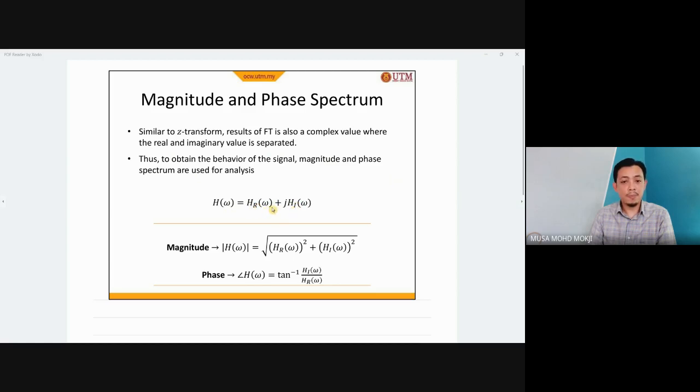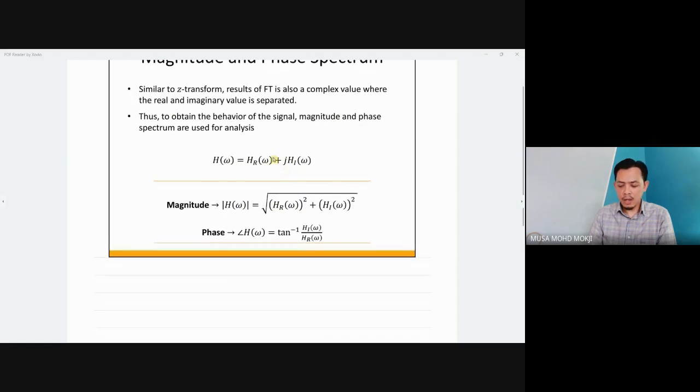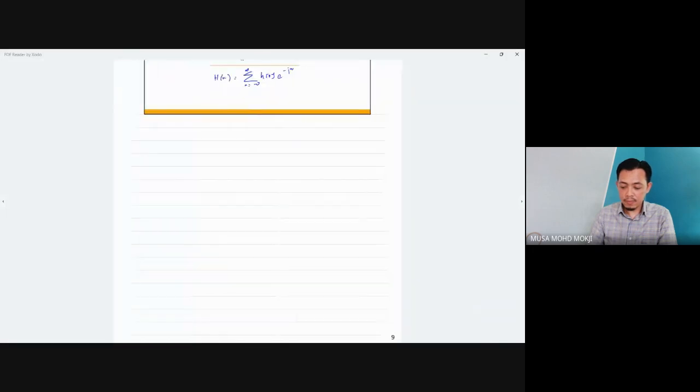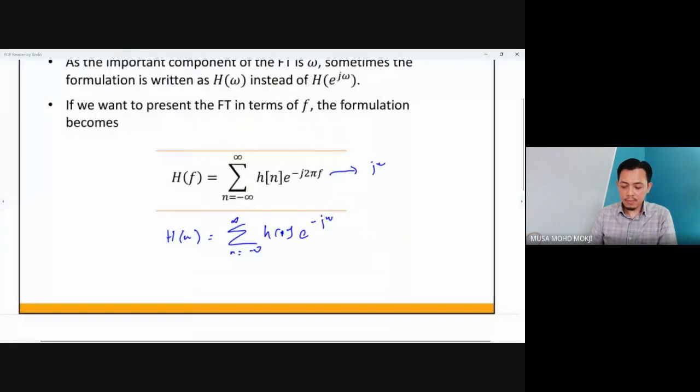So that's a complex value. How do we get this? Because if you look at this formula, we have e to the power of minus j, and this will give us the complex value.